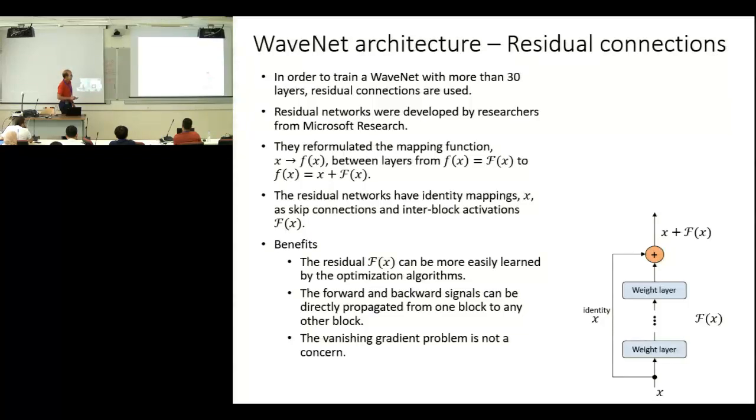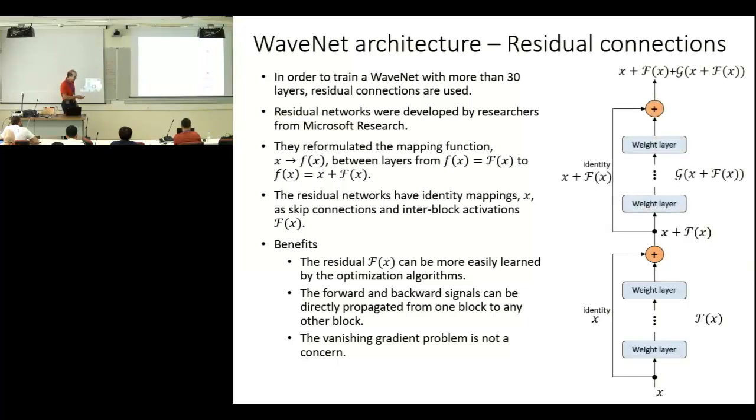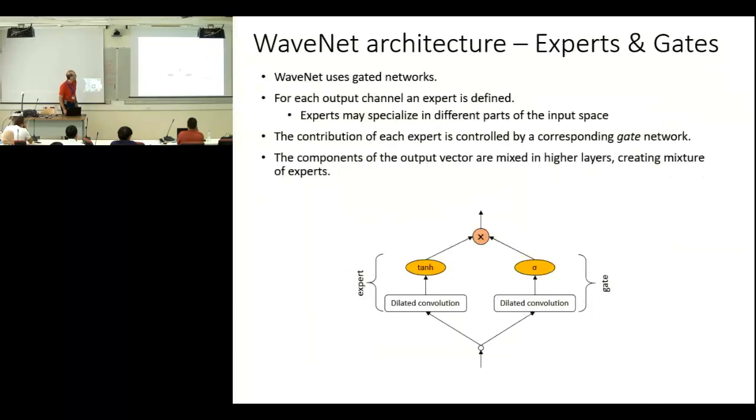However, using that construct, one part of the derivative passes from here, and the derivative without modification passes also from this connection back. So it does not lose the information. It still contains information because it passes through these identity connections backward. So the residual connections are very important for the optimization. Now I have two residual blocks, so the derivative passes from here, so that now it is very strong and can update the weights in this layer, and also passes from here and updates the other layer below that, and so on.